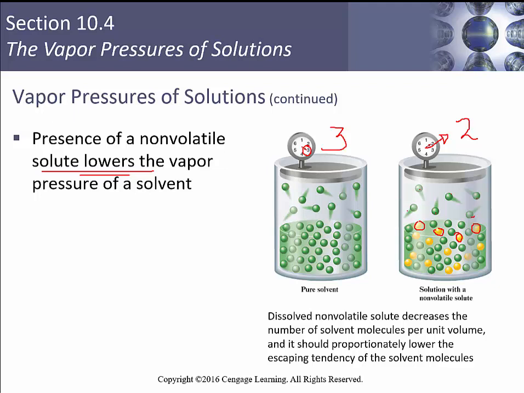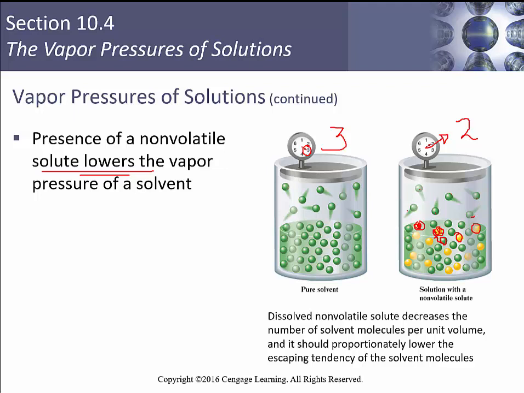So what is happening is that the dissolved non-volatile solute decreases the number of solvent molecules per unit volume, and it should proportionately lower the escaping tendency of the solvent molecules. Now, this is not an exact analogy, but I'm going to give it to you anyway. If I've got little chunks of stuff on the surface here, they are effectively blocking one of these solvent molecules from being able to launch itself.